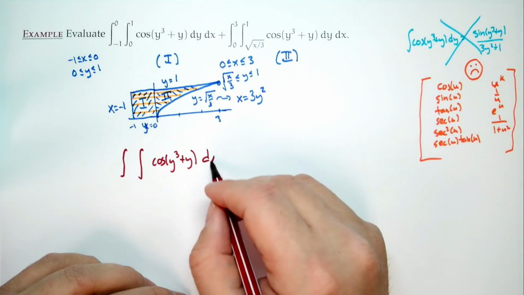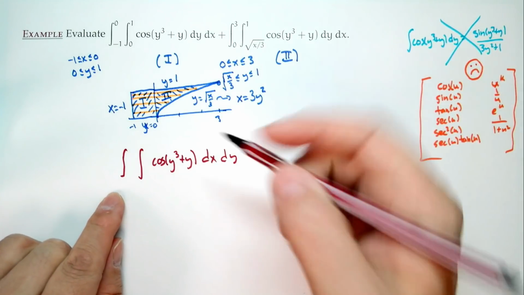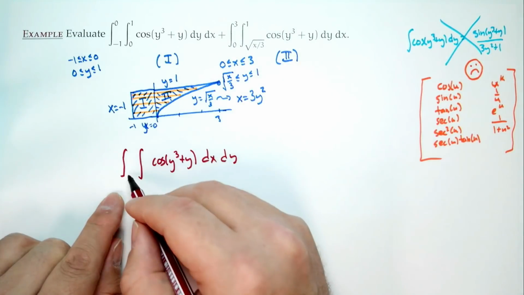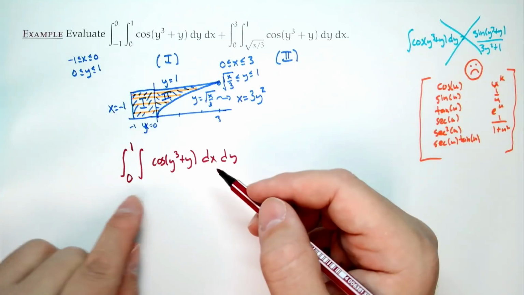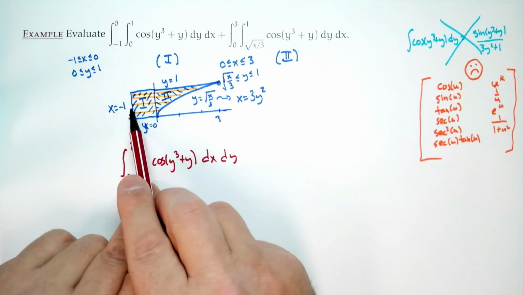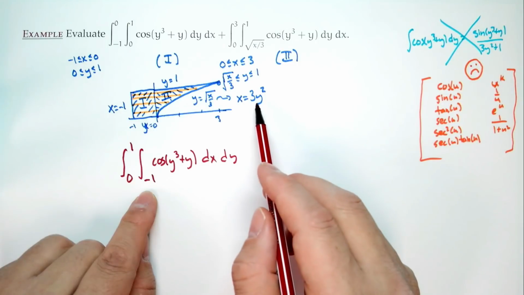It's now dx dy. Where does y go from? Well, I start at y equals 0, and I go up to y equals 1. So 0 to 1. Where does x go from? Well, I start on the left at x equals negative 1, and I go to the right, which is x equals 3y squared.